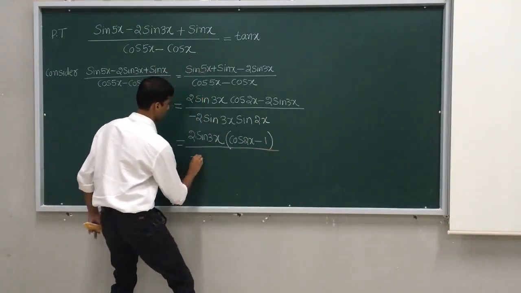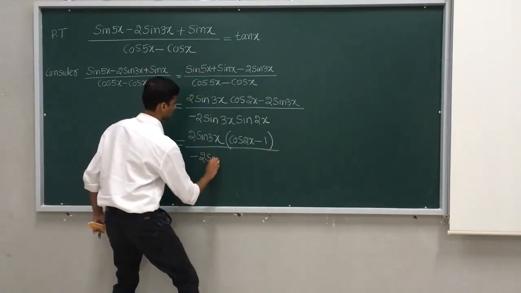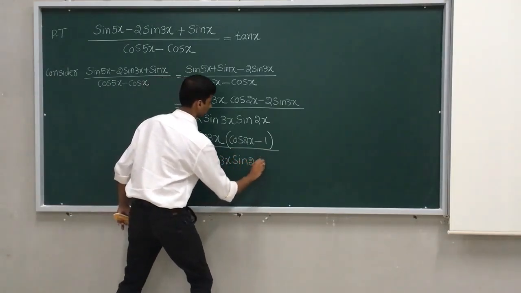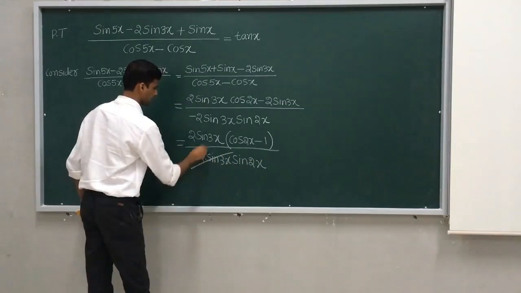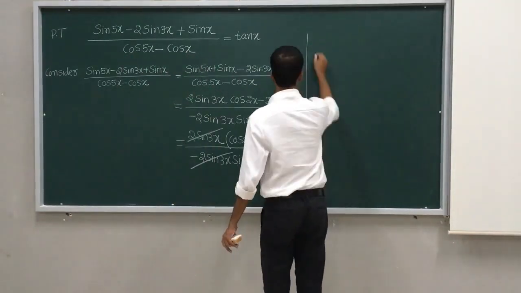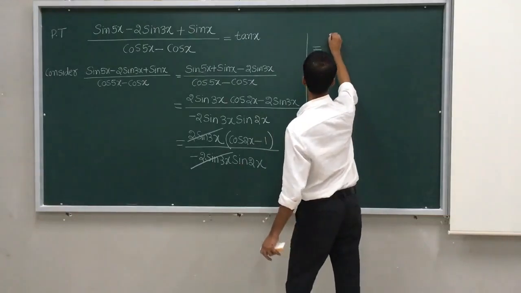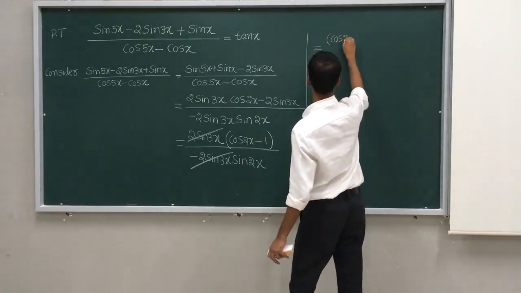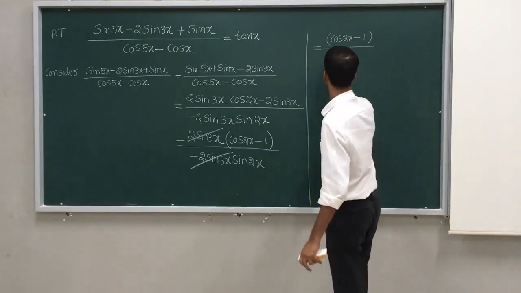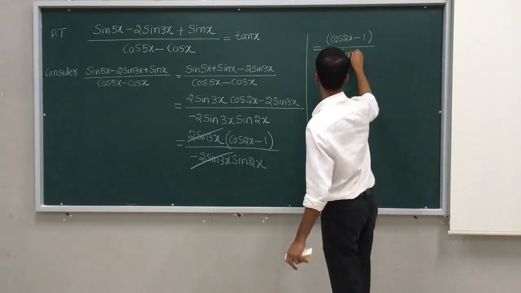Denominator, you have minus 2 sin 3x into sin 2x. I'll cancel 2 sin 3x with 2 sin 3x. Now I am left with (cos 2x minus 1) divided by (minus sin 2x).